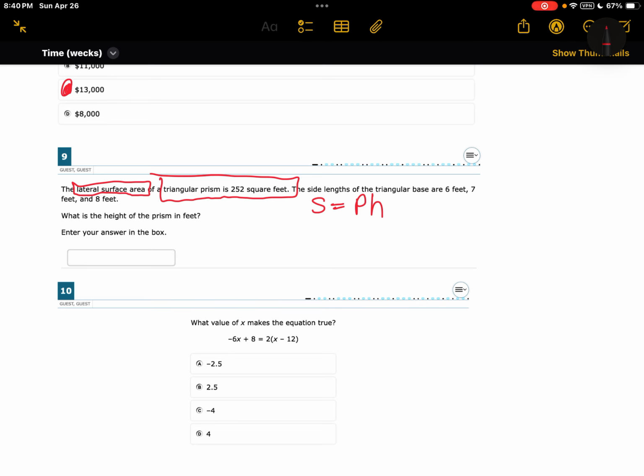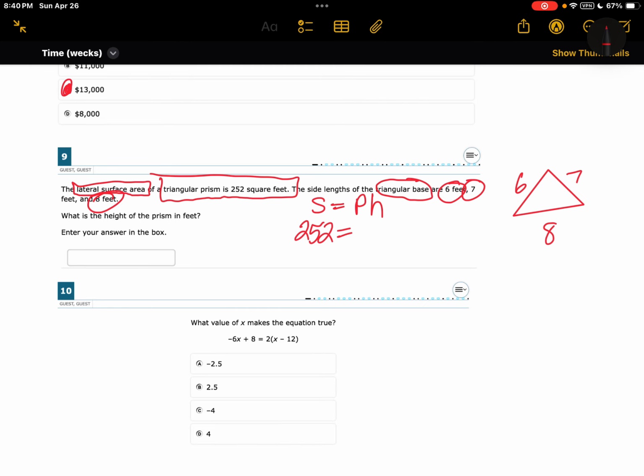Do I know what S is right now? Yes, S is 252. And then P, do I know what P is right now? I do not, but it did tell me that my triangular base is 6, 7, and 8.